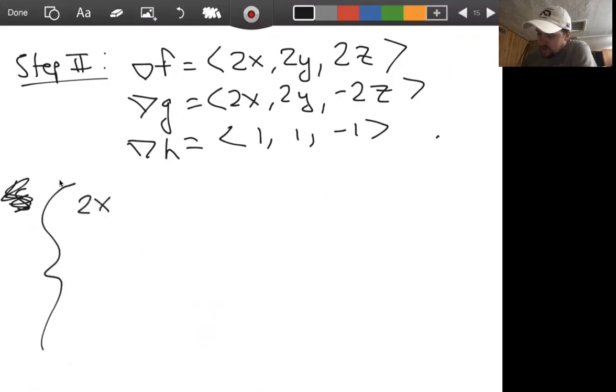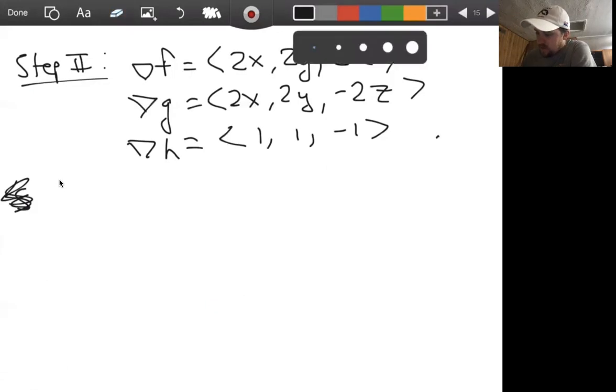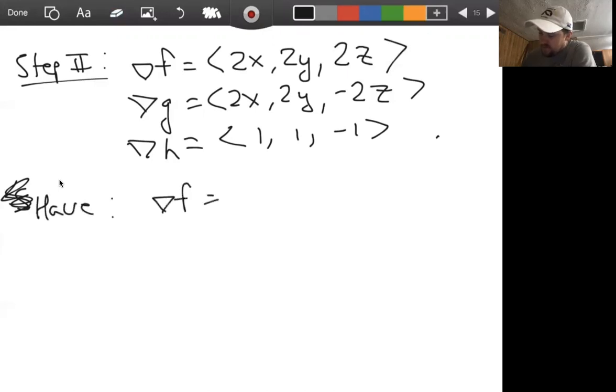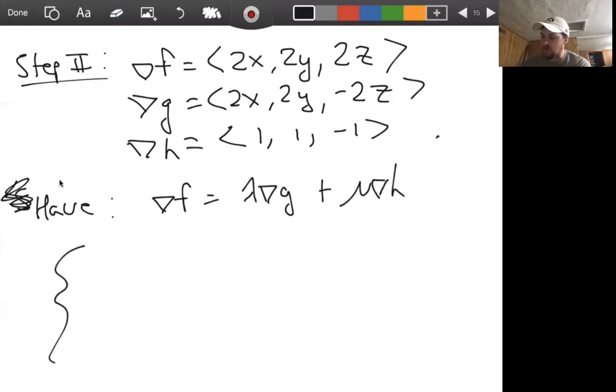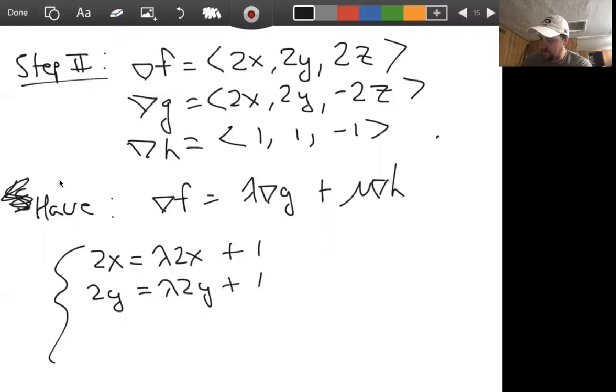We get 2x. So let's, here, before I write the system, let's remind ourselves what the equation of Lagrange multipliers should be. What we have is that the gradient of f is equal to lambda times the gradient of g plus mu times the gradient of h. And so setting each component equal, here it looks like we're going to get 2x equals lambda 2x plus 1, 2y equals lambda 2y plus 1.